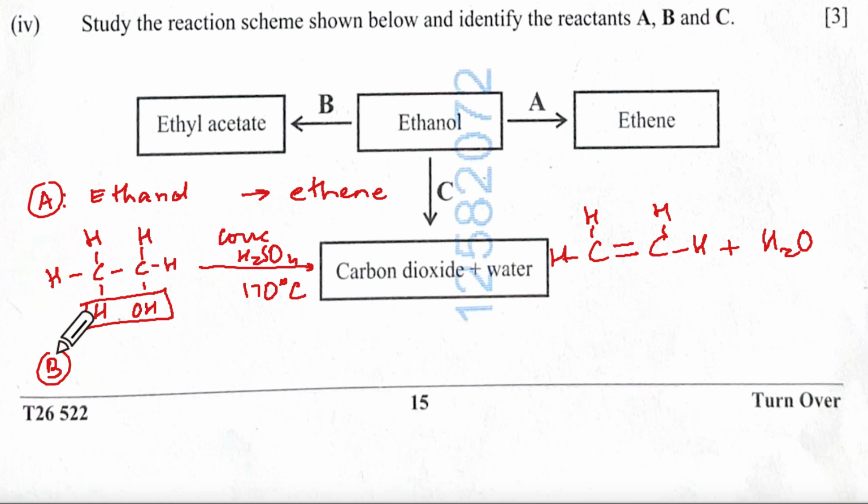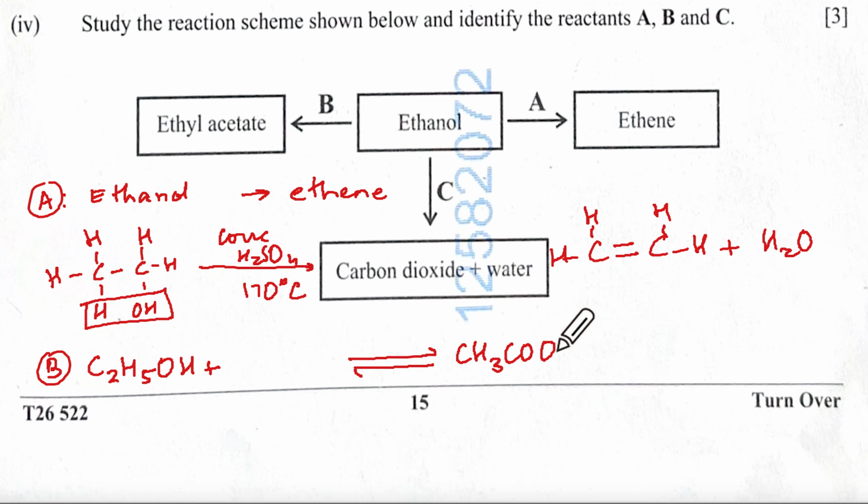For B reaction, we have ethanol and ethyl acetate. So C2H5OH. And if I want an acetate, I will have CH3COO. Ethyl means C2H5 will be here. So I will have to use this over here.